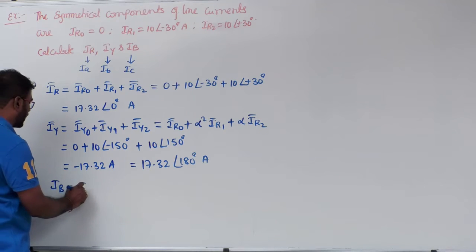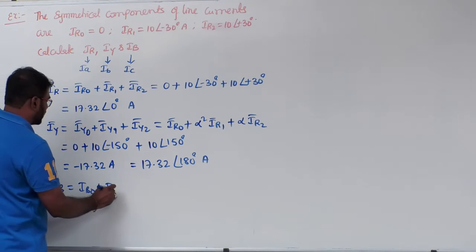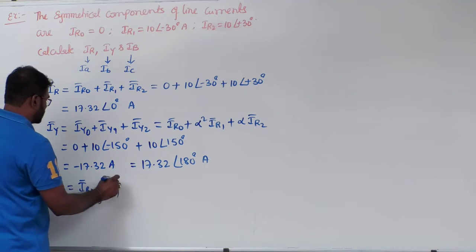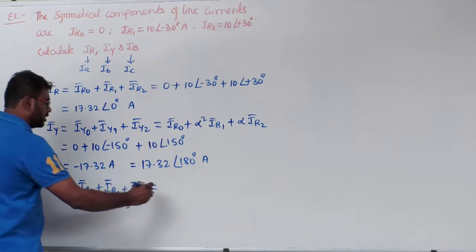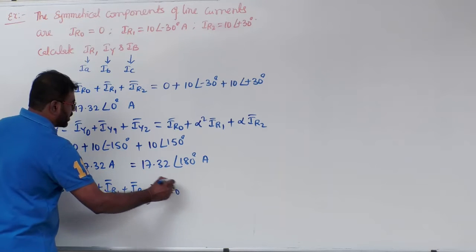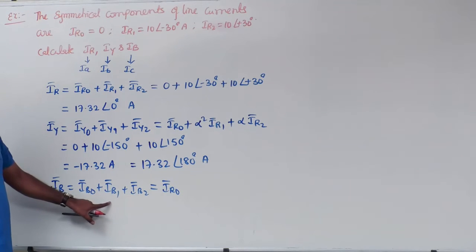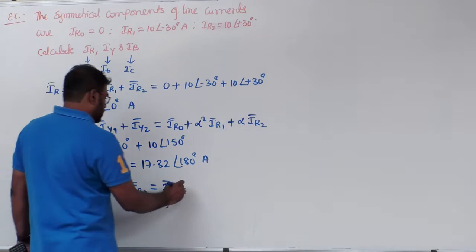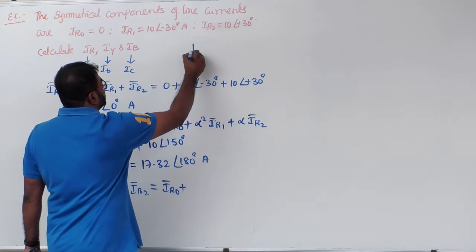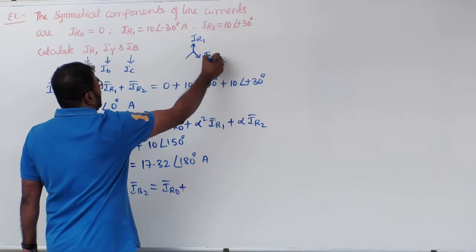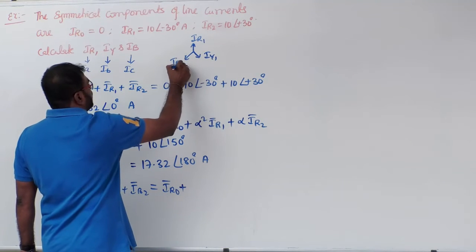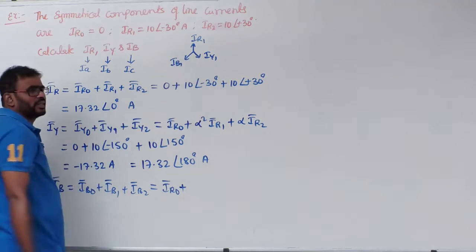Anyway, now what is IB? IB equals IB0 plus IB1 plus IB2. Just similar to this, IB0 and IR0 are the same. But what about IB1? Alpha square times IR1? No. If you have any doubt, use the phasor diagram of IR1, IY1, IB1. IB1 leads IR1 by how many degrees? 120 degrees.